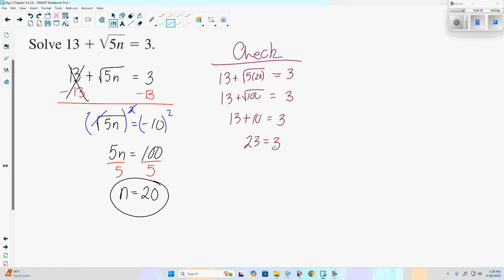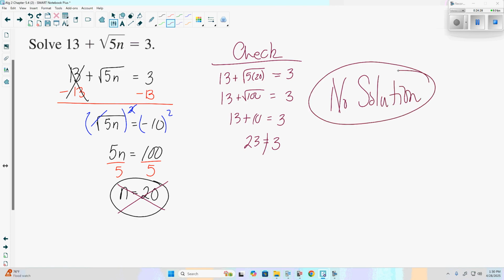Equal to 3? No. So we know that n cannot be 20. Do we have any other solutions? No. So this here is no solution. It does not work.